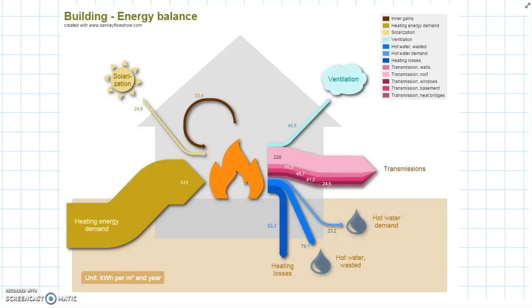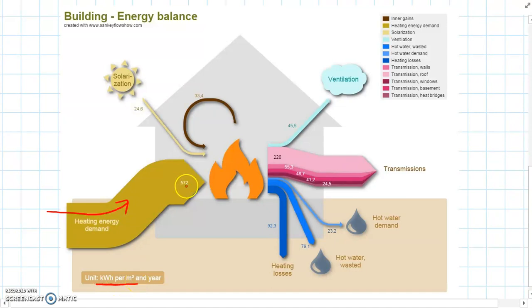So the main thing we can see here is all the energy going into a house through the heating. Maybe it's through gas or just electricity. And the units here are kilowatt hours per square meter, but we can just think of them as numbers. The unit doesn't matter too much.